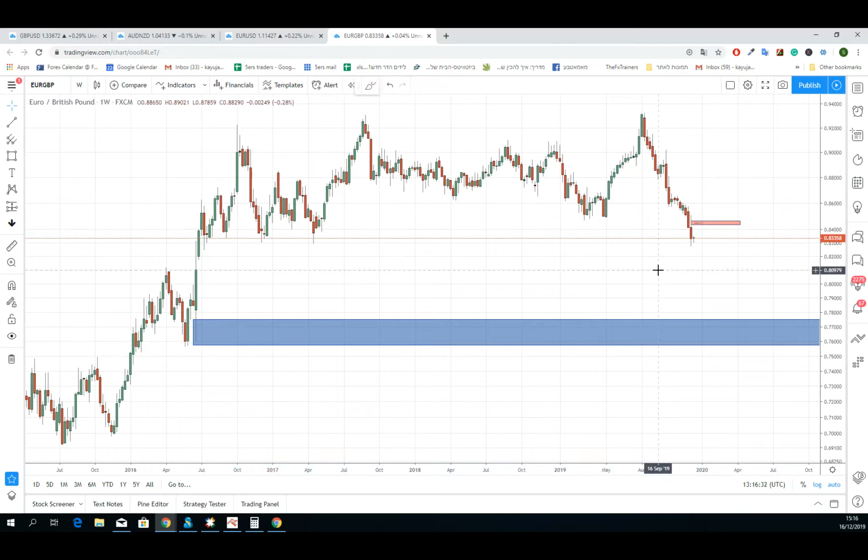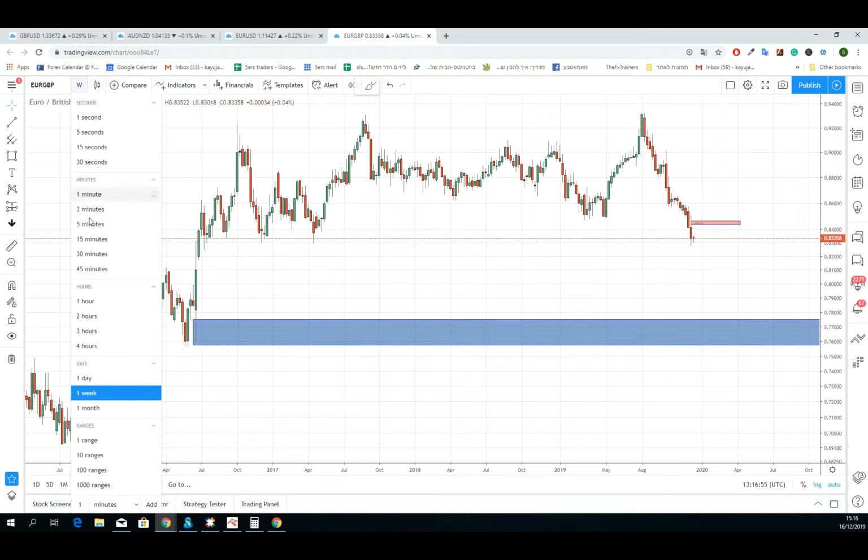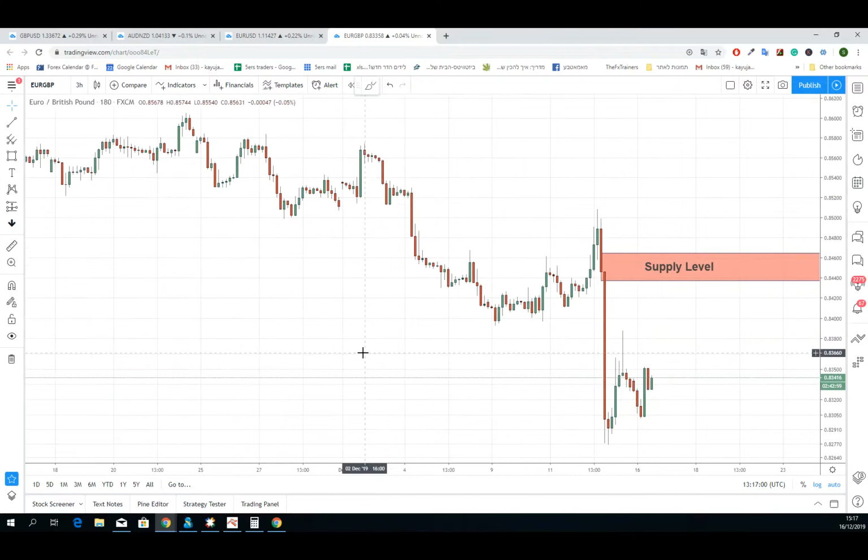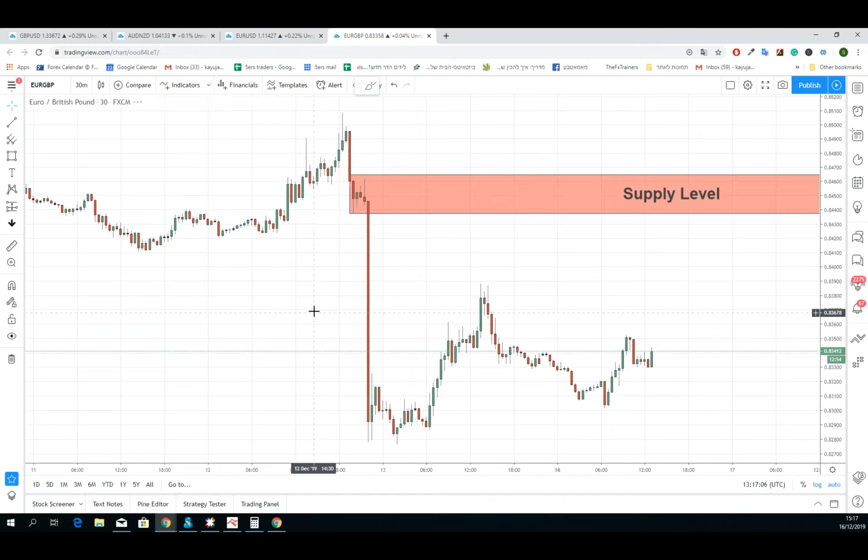Okay, so the picture with the Euro GBP is very clear. We have this demand below as a final target for this position, of course only if the price breaks this support, which will indicate that most likely the price is on its way there. And if we are looking to join the momentum of the GBP, it will be this supply above, which we can see much more clearly in this 30-minute chart.